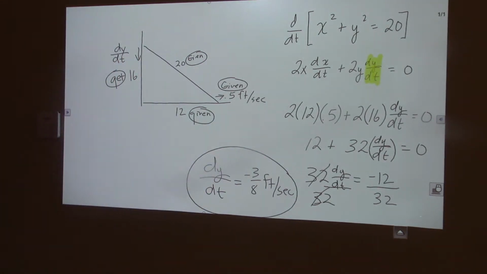Isn't that nice? Making sure I got it right. Looks right. Y'all can check it.